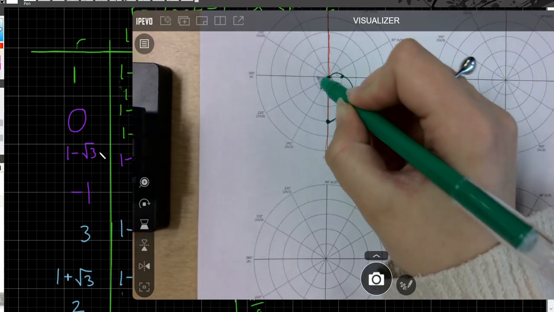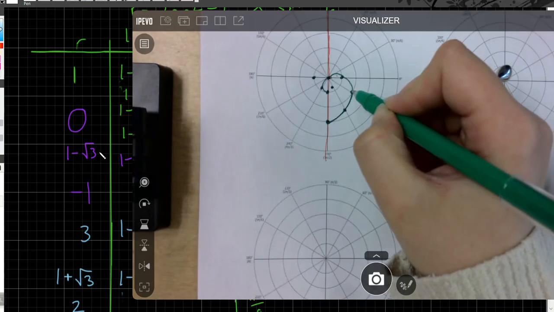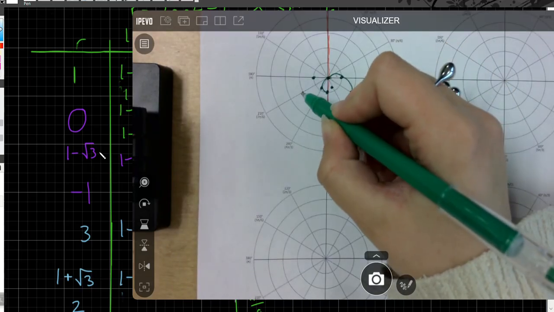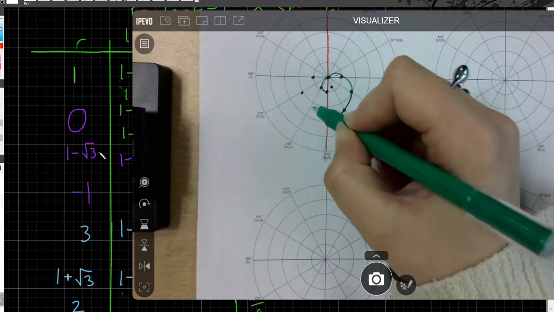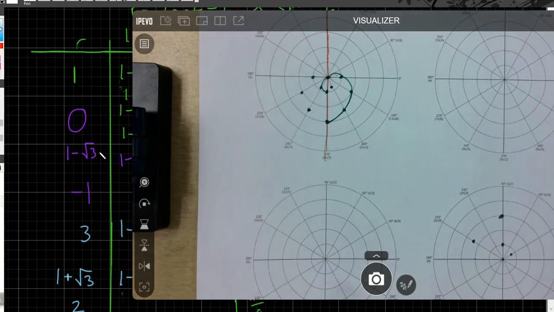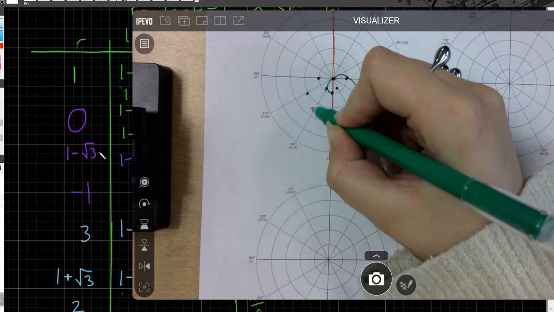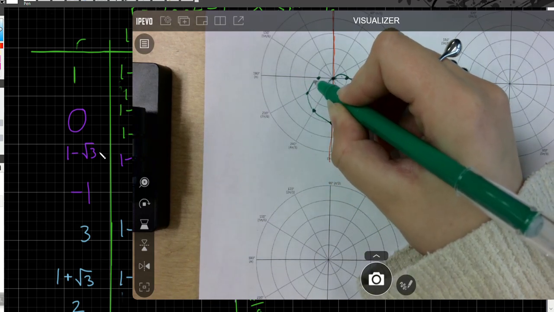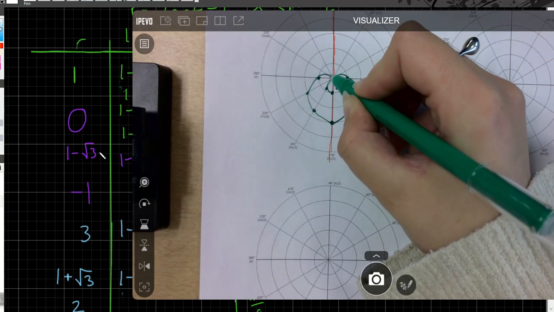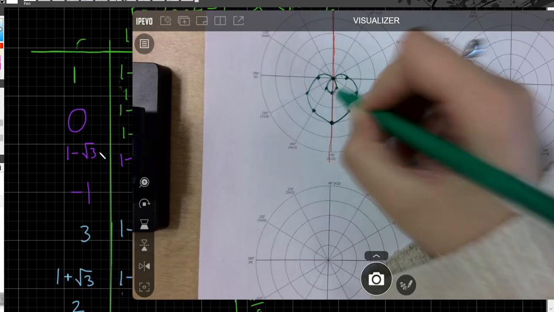This point, I'm right there. This point, I'm right here. This point is right here. And we're going to connect it the same way again. Starting down, going up, looping it around, going through my origin, and going back there.